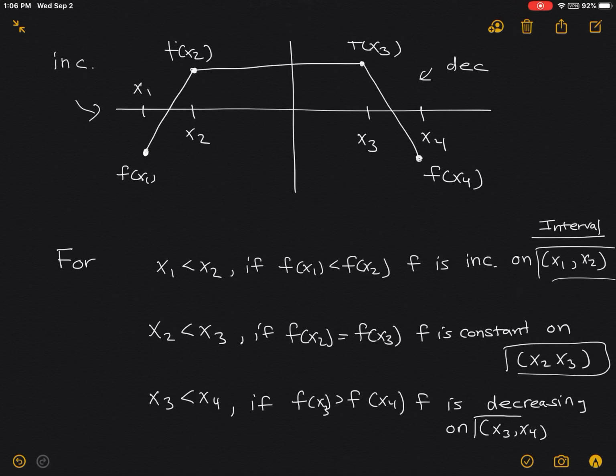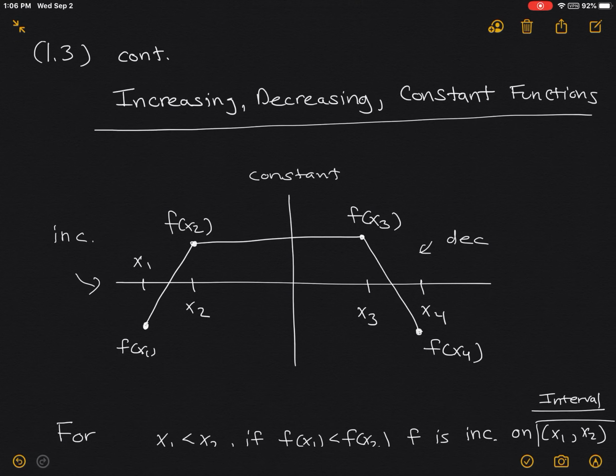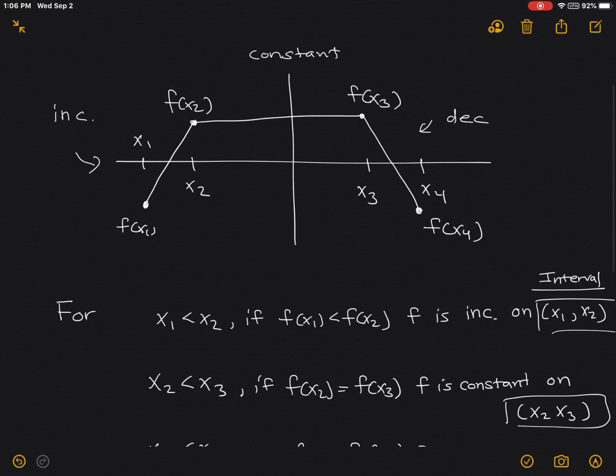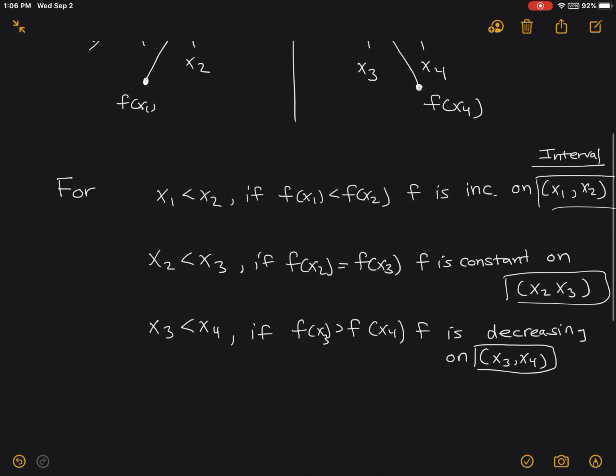Always parentheses, we never use brackets, it's always referring to the x interval. Intuitively, hopefully that makes sense: increasing, constant, and then decreasing, but you always describe it using x intervals to see where it is increasing, decreasing.